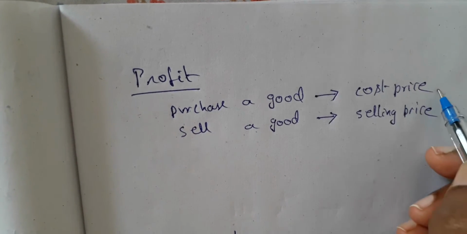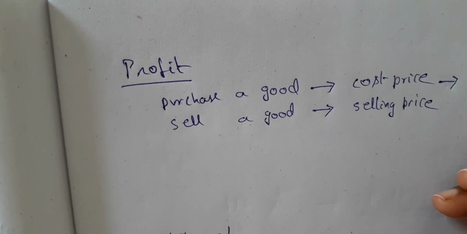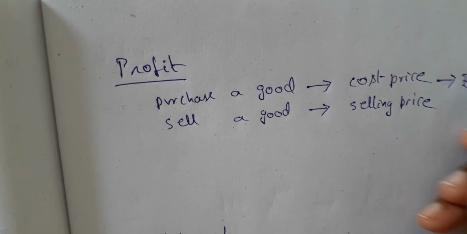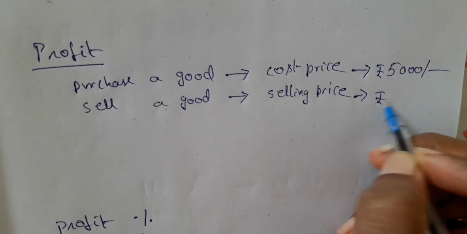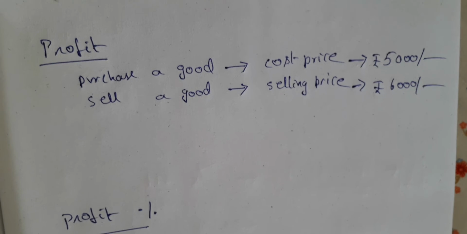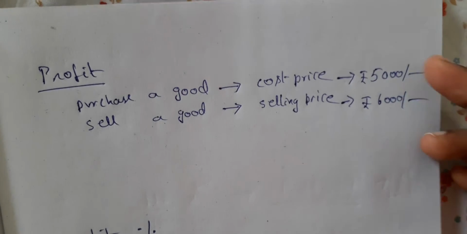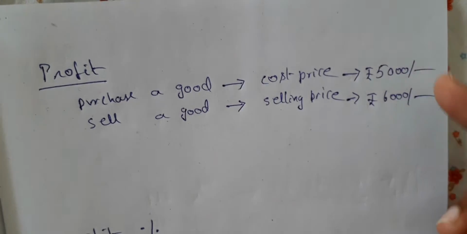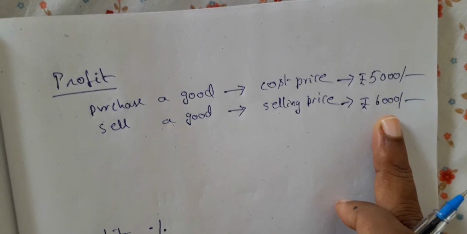Suppose you are buying it for 5,000 rupees and we are selling it for 6,000 rupees. What is the profit? We are getting a profit because we bought it for 5,000 and sold it for 6,000.